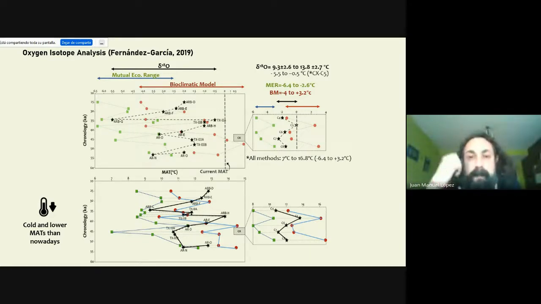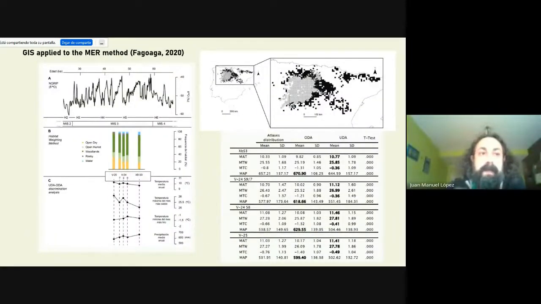But more or less they are the same data that you can find with other classical methods such as mutual ecogeographic range or bioclimatic model. In this case, it's only for the climatic reconstruction, the comparison of the climatic reconstruction with oxygen isotopes and other kinds of methods.